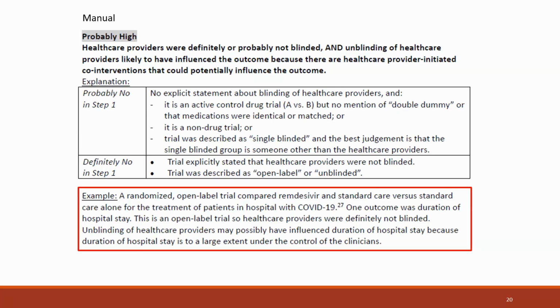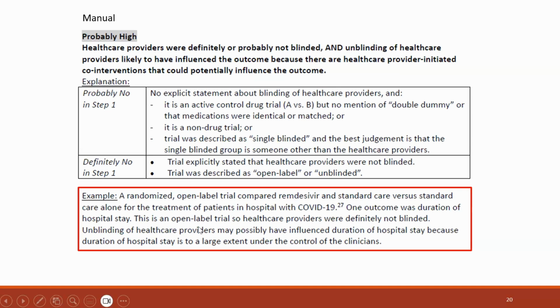An example is a randomized, open label trial that compared remdesivir and standard of care versus standard of care alone in hospitalized patients with COVID-19. And one of the important outcomes was duration of hospital stay.